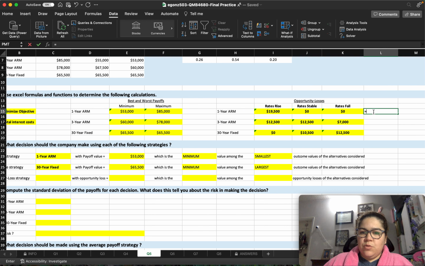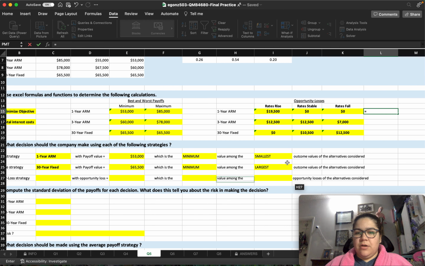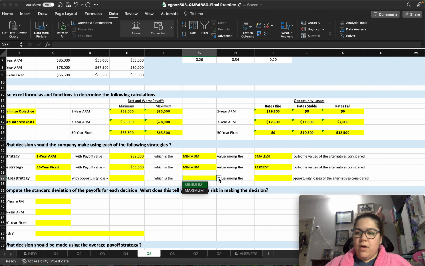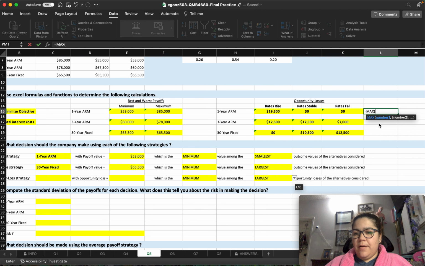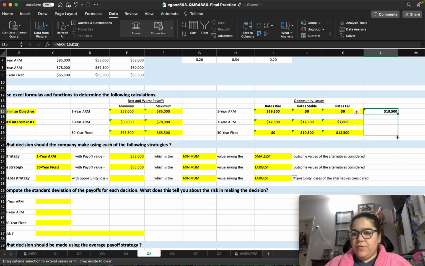So what are we going to do? Again, let's do this one first. We want to select the minimum value out of the largest value. So let's see if I can understand this correctly, following the same logic that I did over here, that whatever was here was going to be the formula on this side. So I want the maximum value out of these. And then I'm going to autofill.